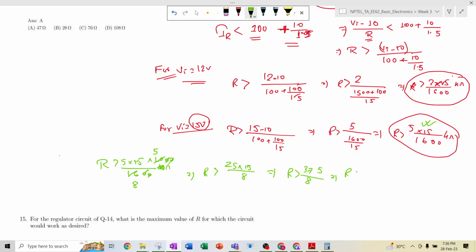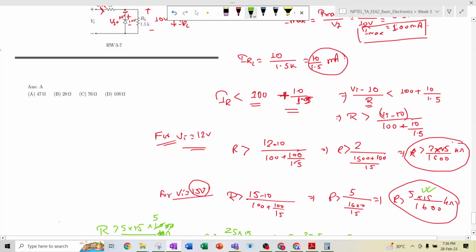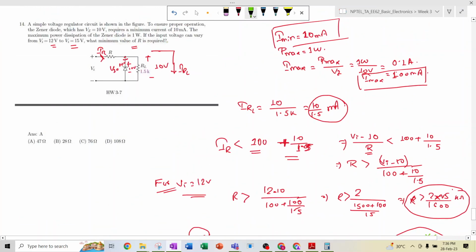So R should be greater than about 47, so it is near about 47 ohm. So the correct answer will be answer A, which is nothing but 47 ohm.